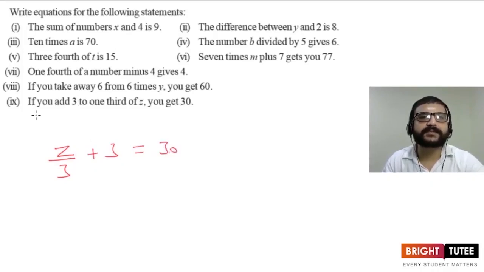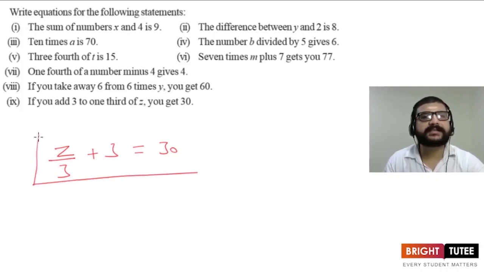So the statement was, if you add 3 to 1/3 of z. So what we did here, we have added 3 to z upon 3, that is z upon 3 plus 3. Now here it is given, you get 30. So this will be equal to 30. So this is the equation representing the ninth statement, the last statement here.